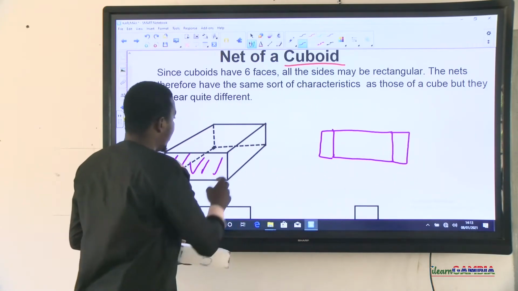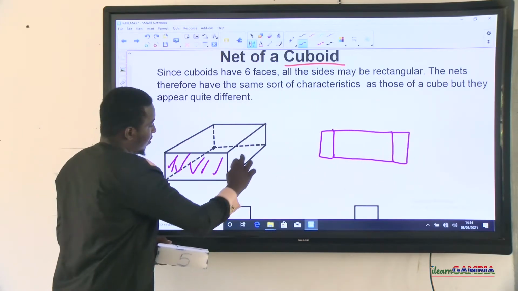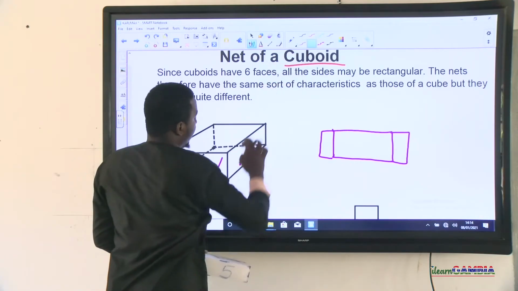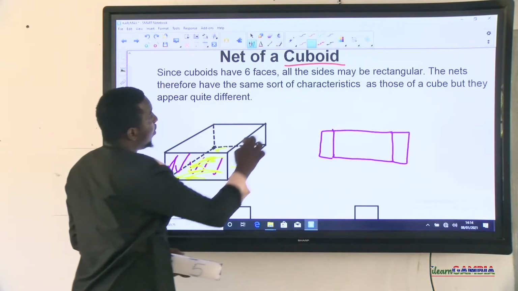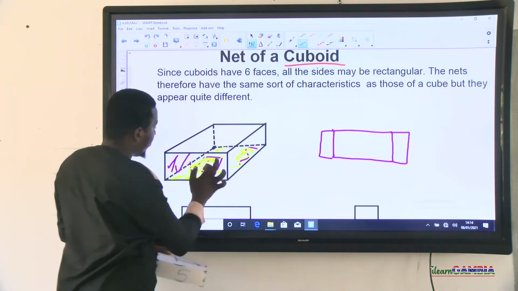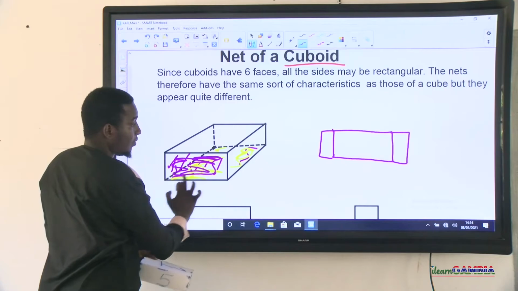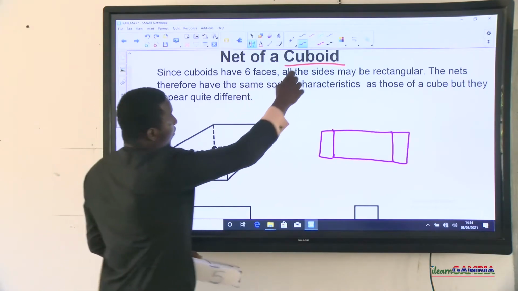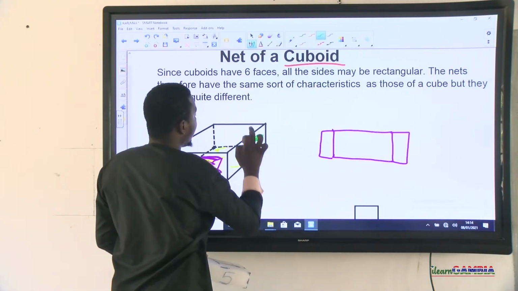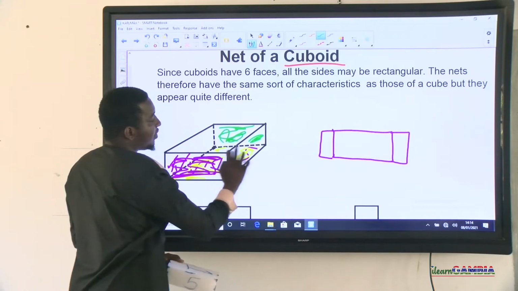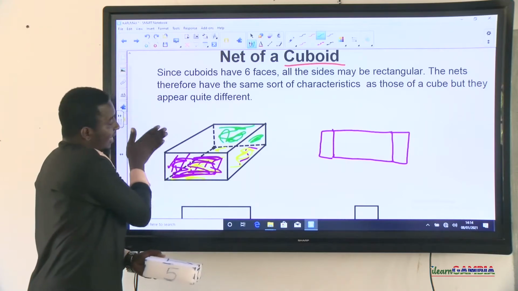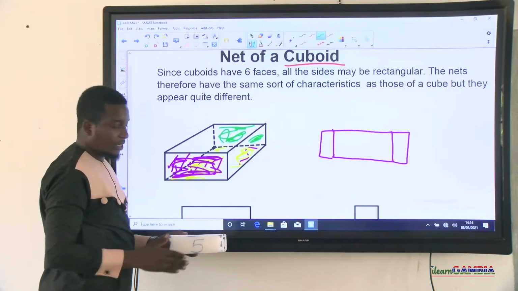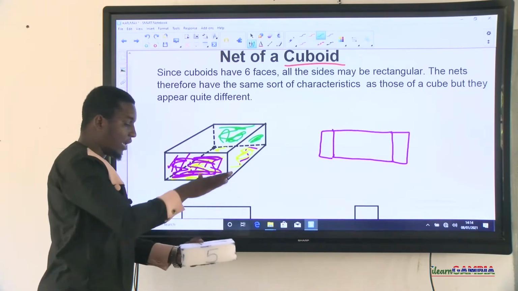Now as you can see, we've covered the base. Also, we've covered this other face. And then we've covered the face at the back, that is this other side. Those are the 3 faces that we have covered so far. So we are left with this side, the side opposite to it, and the one on top.